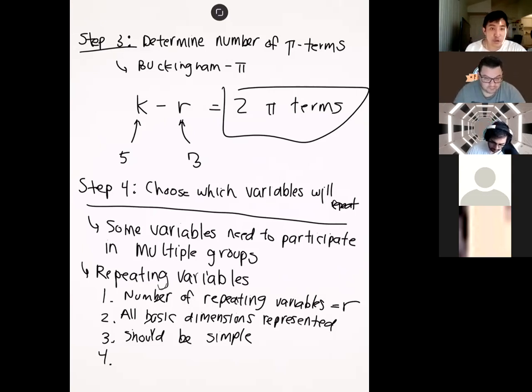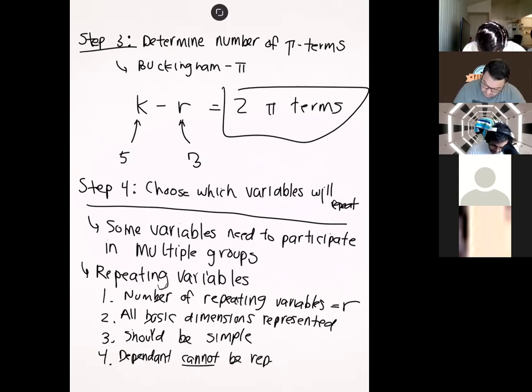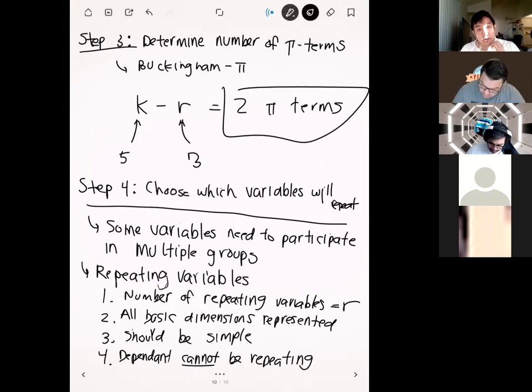The last requirement is that your dependent variable cannot be a repeating variable. Those are the 4 criteria that we're going to use. All right, any questions on this?